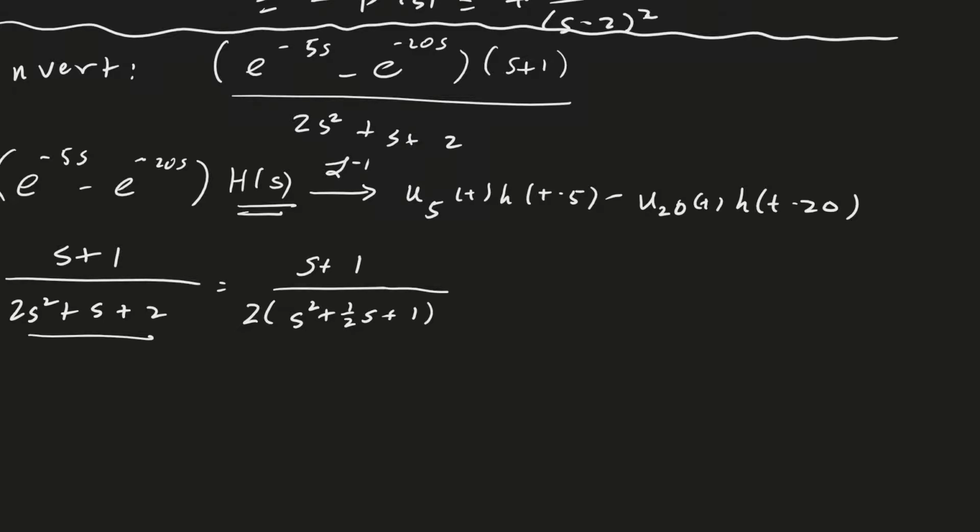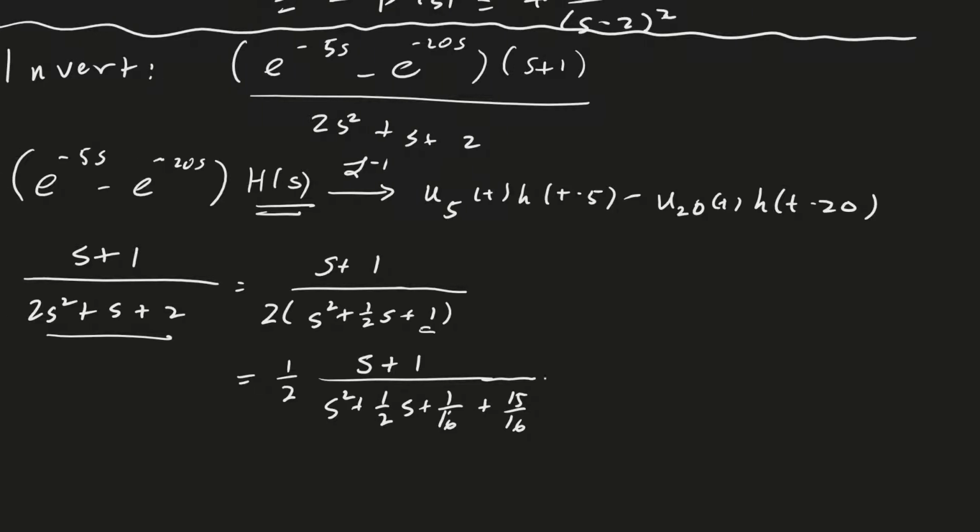That'll make things easier. Now I'm going to complete the square in the denominator. Half of the middle term is 1/4, squared is 1/16, and then I'll have 15/16 left over to make up for the 1.